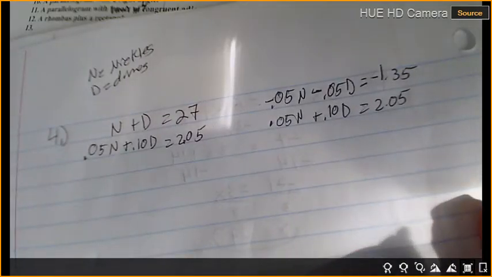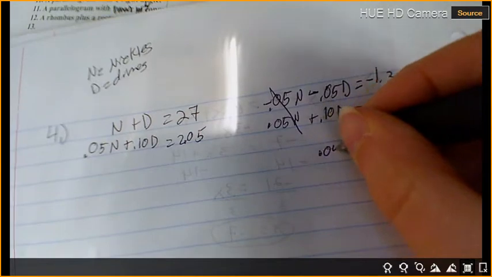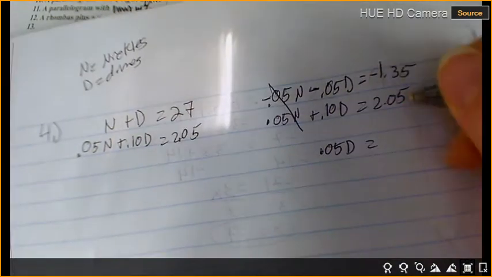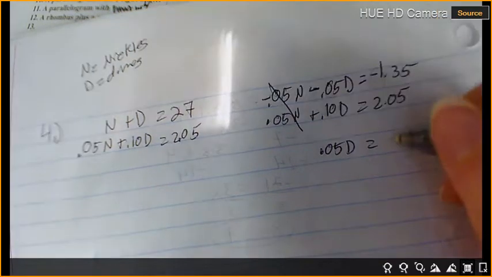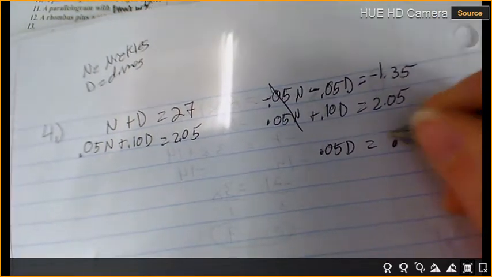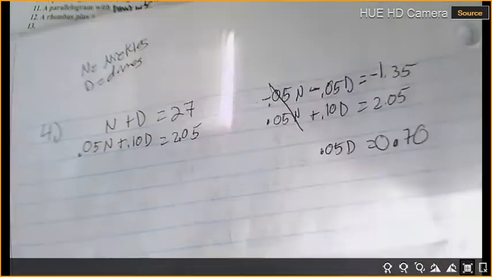When you add straight down, the nickels disappear. That's why we call it elimination method. And I'm going to be left with 0.05d equals $2.05 minus $1.35. I get 70 cents, 0.70.